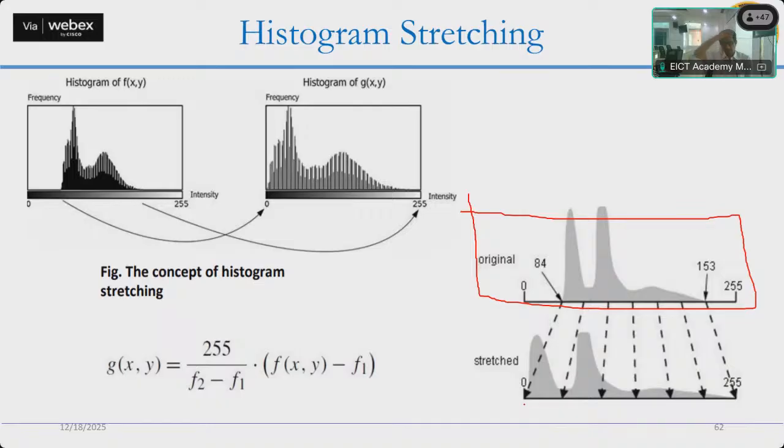Yesterday I was not in a position to explain how this formula is coming. Yesterday we discussed what happens in histogram stretching, but now we are able to understand how this formula is working. We don't need to remember this formula. It will automatically come.